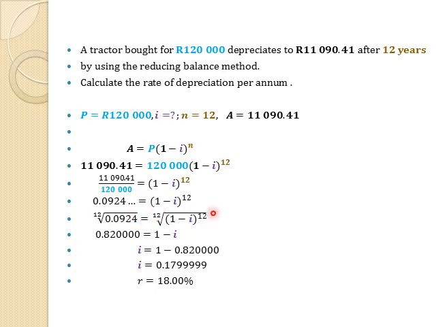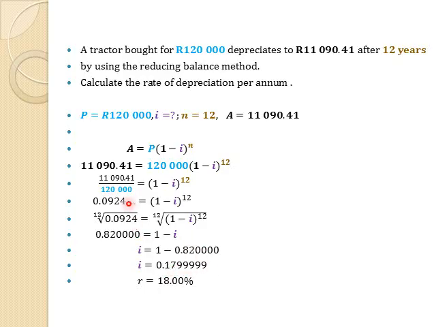So the 12th root and 12 cancel. I'm left with 1 minus I. The 12th root of 0,0924 simply becomes 0,82. Take negative I across the equal sign, it becomes positive I. Take 0,82 across the equal sign, that becomes negative 0,82. 1 minus that gives me 0,179999.